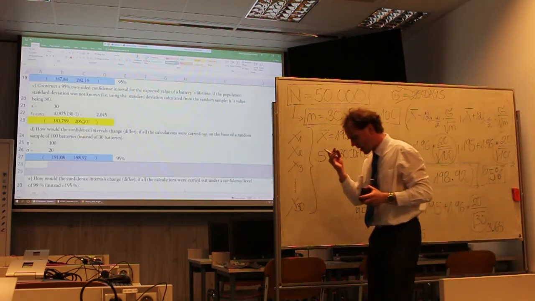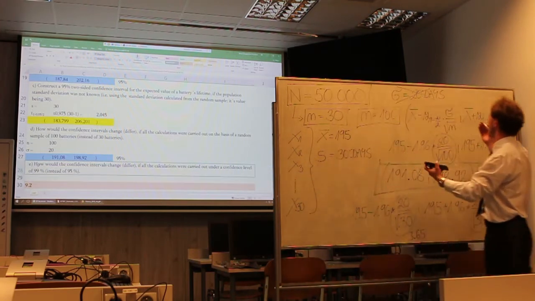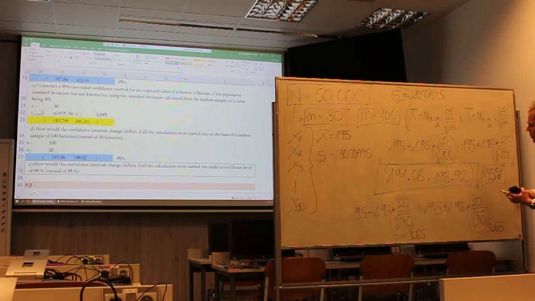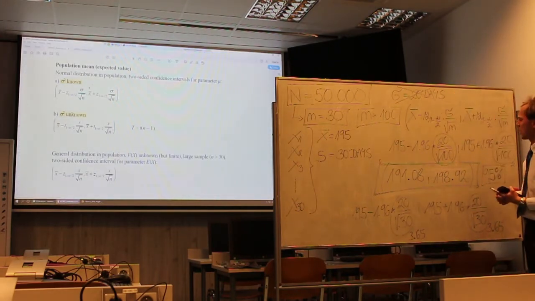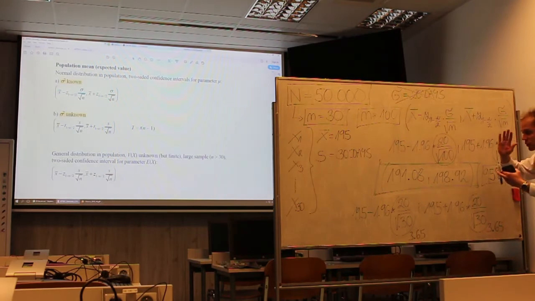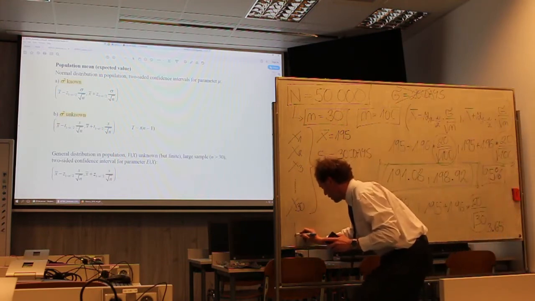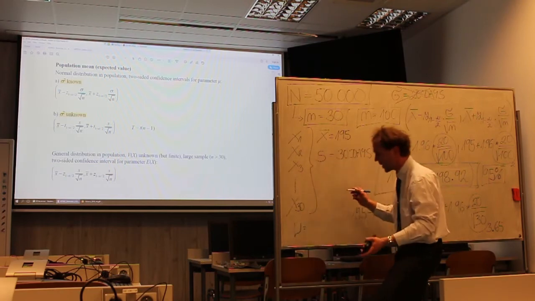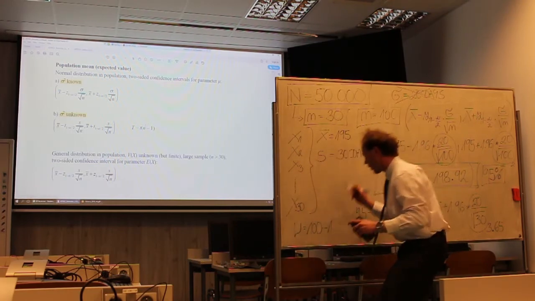Why I didn't use the student T quantile? I wanted to illustrate the situation with known standard deviation, because if I wanted to show you a different confidence interval with the student T distribution, you know that we need to know degrees of freedom, nu, and nu is n minus 1, 100 minus 1.